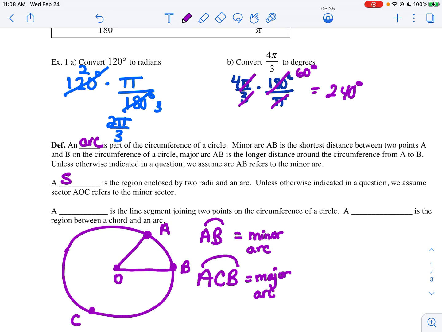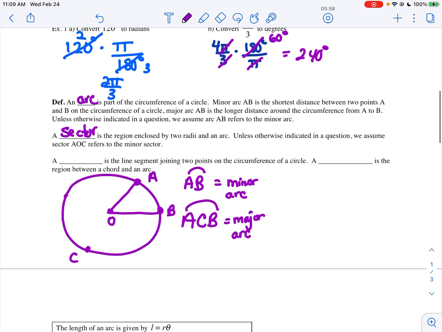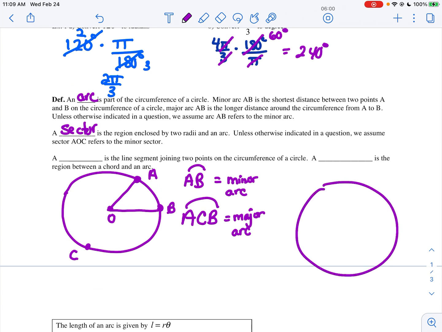A sector is the region enclosed by 2 radii and an arc. Unless otherwise indicated in a question, we assume sector AOC would, and I don't know why I have a C there, AO, let me change it. Let me draw another one. Then this one goes here.